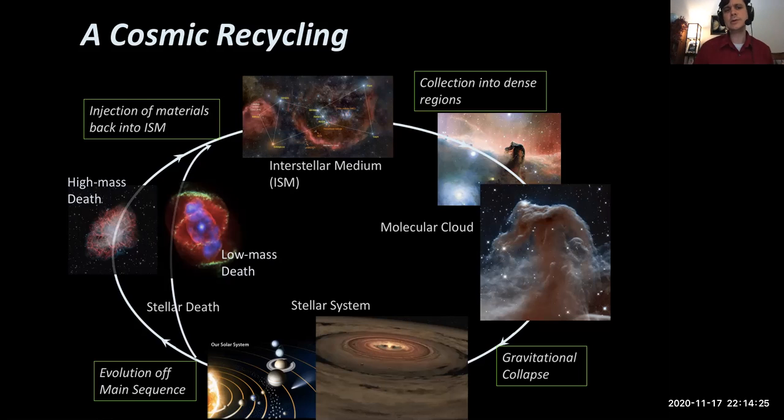And this becomes a huge topic whenever we talk about the evolution of galaxies and the evolution of the universe itself. Because as, say, a galaxy ages, it's going through several rounds of star formation, enriching in heavier elements, injecting those back into the ISM, forming a new round of stars, making even more heavier elements, injecting those back into the ISM.